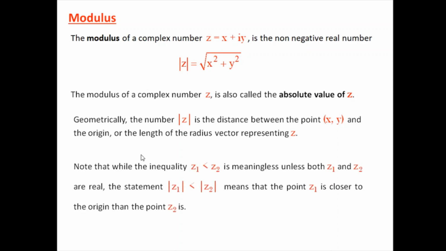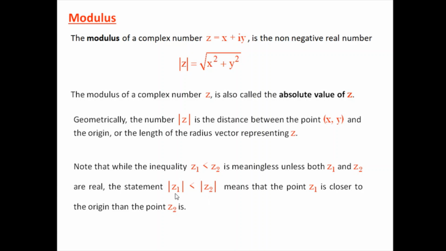It is important to note here that the inequality z1 less than z2 is meaningless. That means we cannot compare two complex numbers unless both numbers are on the real axis. However, the statement modulus of z1 less than modulus of z2 has a meaning, because modulus of z1 is the distance of complex number z1 from the origin, and modulus of z2 is the distance of complex number z2 from the origin.